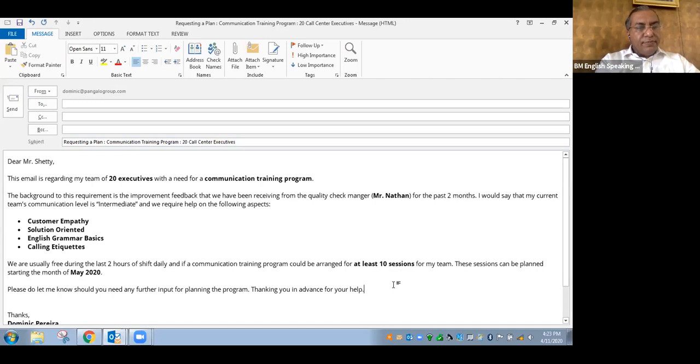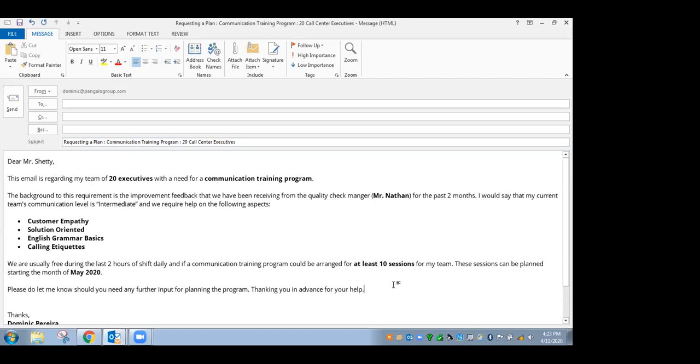Right. So I've defined what the need is, which are the 4 topics essentially, and when we are usually free on a daily basis, and at the same time when these can be planned, because he might say, okay, we can start tomorrow. Then I would say, no, tomorrow doesn't happen. So I said, okay, these can start in the month of May or something like that.